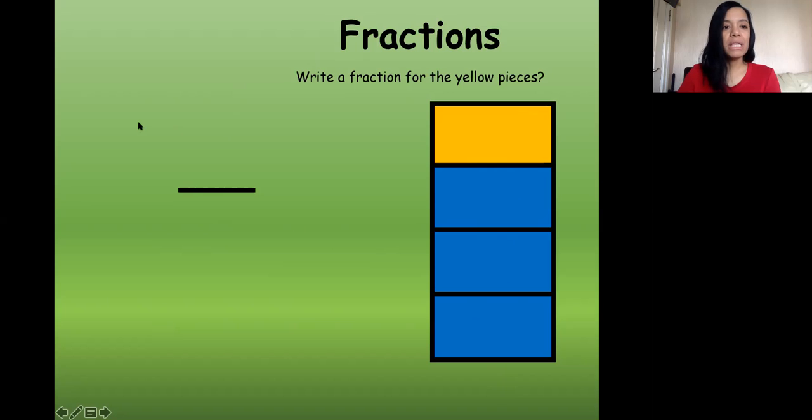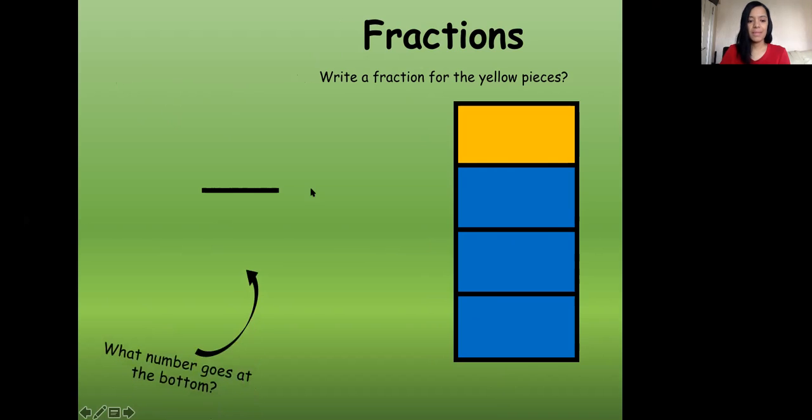Okay? What we need to look at first is what number goes at the bottom. At the bottom, we have the number of total pieces. 1, 2, 3, 4 total pieces. Means all of the pieces together, okay? And at the top, what number goes at the top?